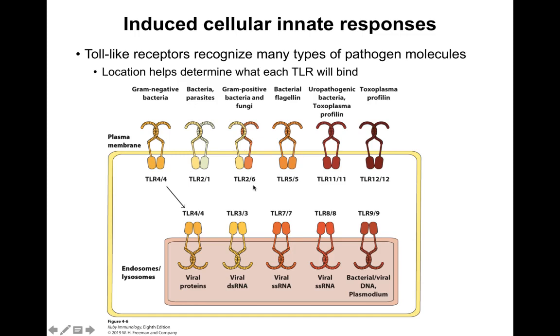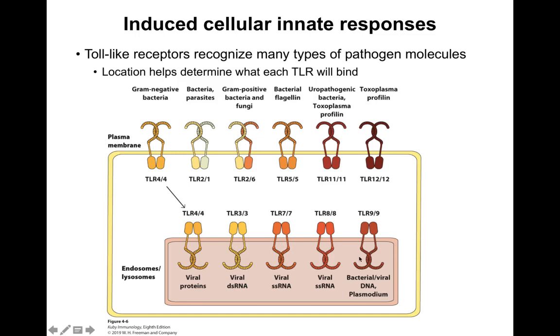TLR2 as a heterodimer with TLR6 can recognize gram-positive bacteria and fungi. TLR5 recognizes flagellin from bacteria. And those are a bunch of them that are on the outside of a host cell.